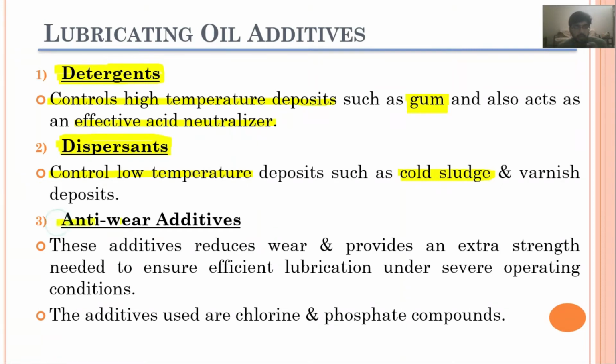The next additives which are used are anti-wear additives. As the name suggests, they will enhance the anti-wear property of the lubrication oil. These additives will reduce the wear, and not only that, but they will provide extra strength needed to ensure effective and efficient lubrication even under severe conditions.